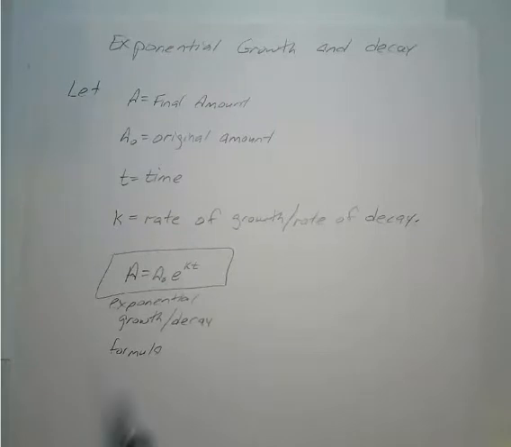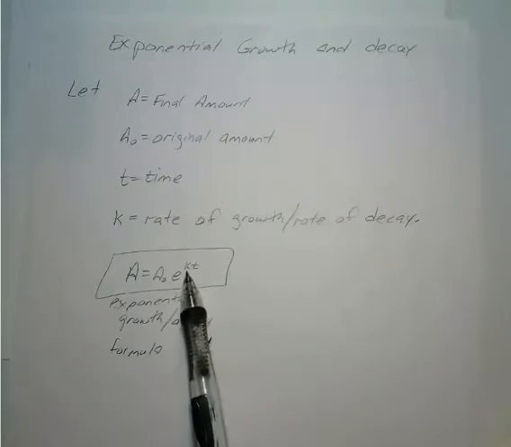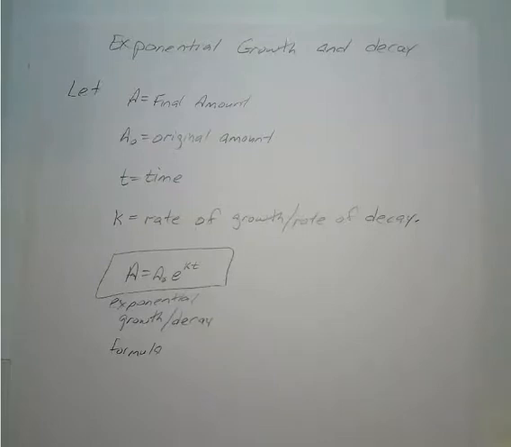Really the only difference between exponential growth and decay and the compound interest formula is that we don't have the P and we don't use R. We just change our variables, but everything is kind of the same general idea.